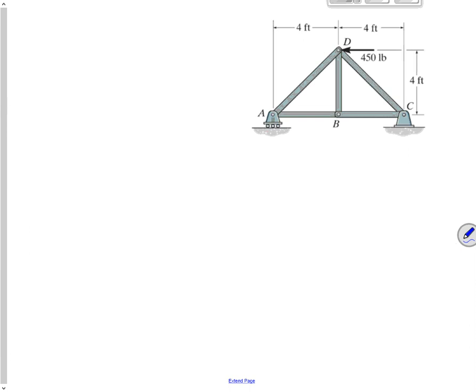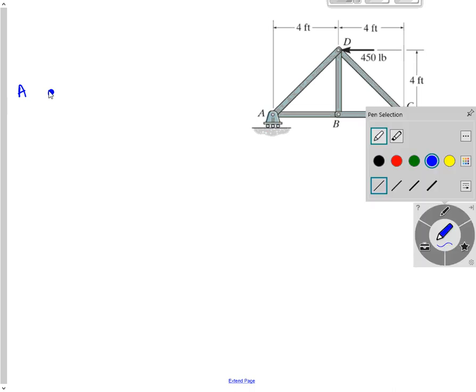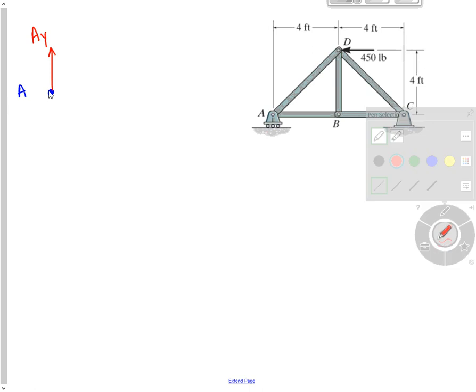So armed with all that knowledge, we move down here. Now we move to another joint. This is joint A. At joint A, I've got a support reaction. So I've got a force pointing up here. This is A_y. That's from that roller support. It only produces a force in the Y direction.